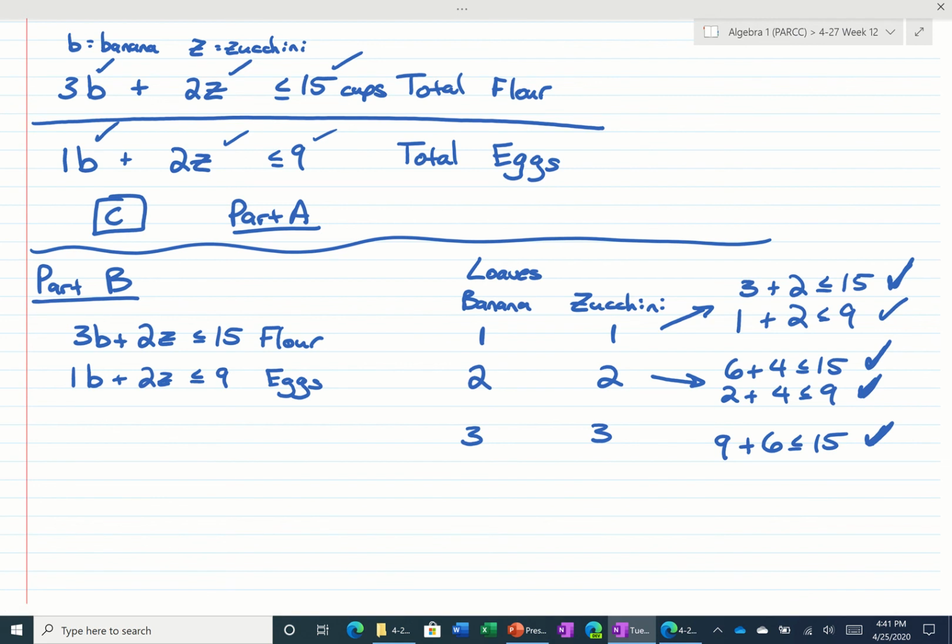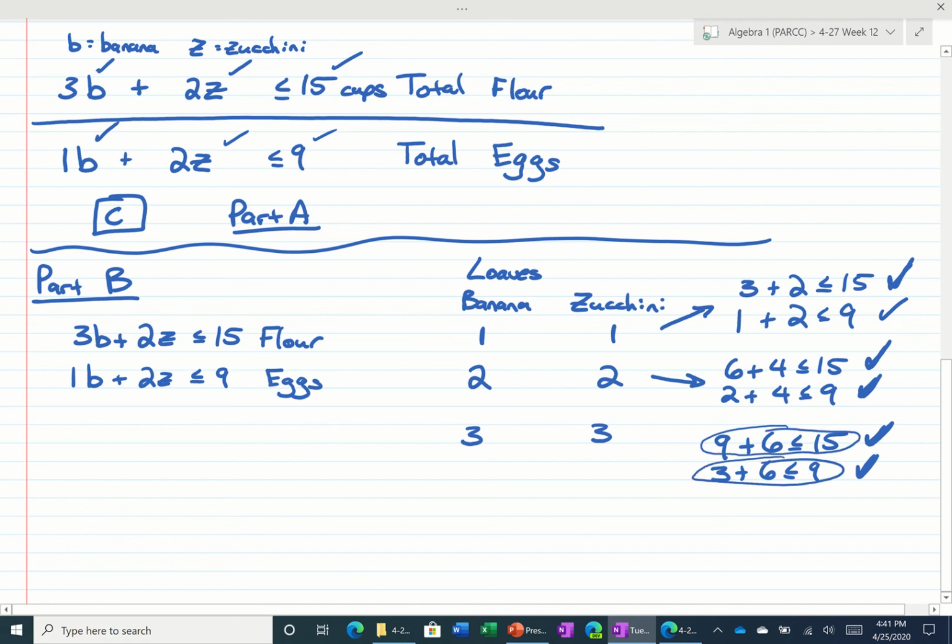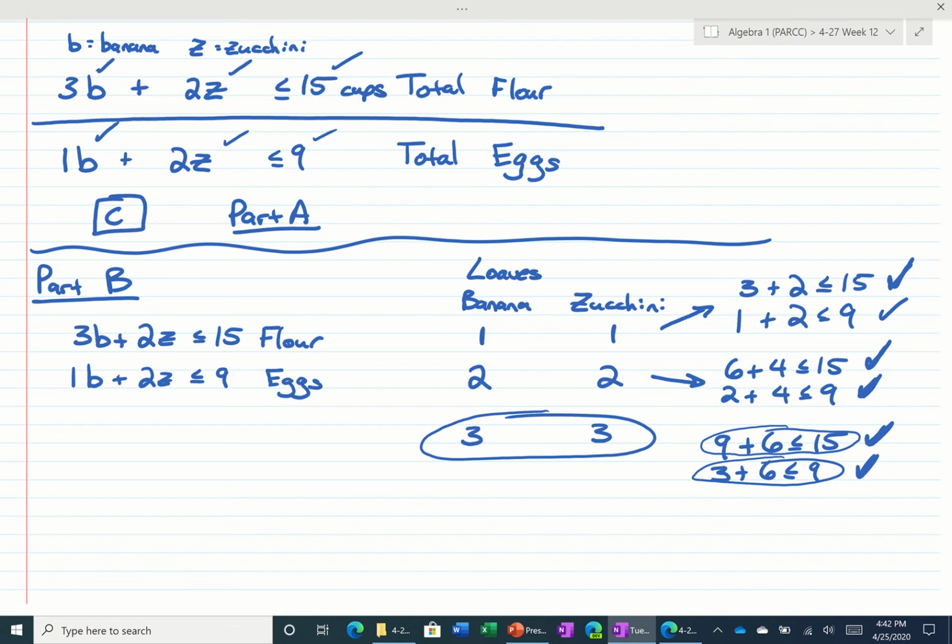And in the bottom one, if I plug in 3 for each, I'm going to get 3 plus 6 is less than or equal to 9. So it looks like we maxed everything out. 9 plus 6, 15 is still less than or equal to 15. We didn't go over. And 9 is less than or equal to 9. So it looks like I'm going to do 3 loaves of banana bread and 3 loaves of zucchini bread. So that's what part B is.